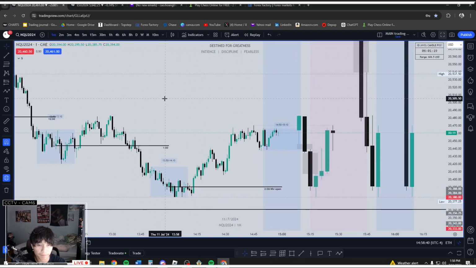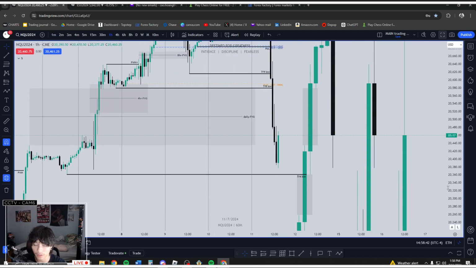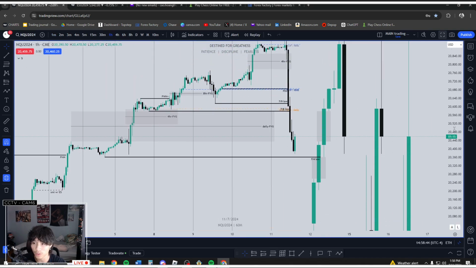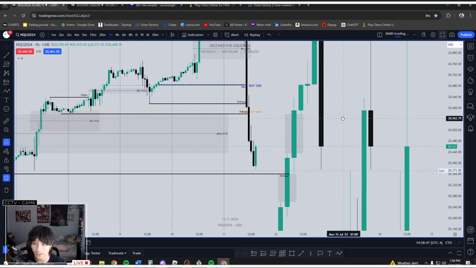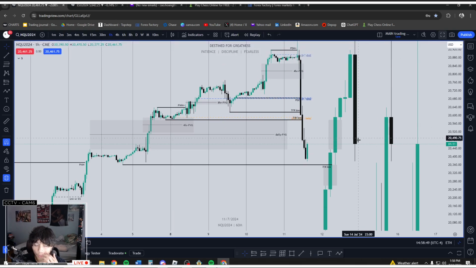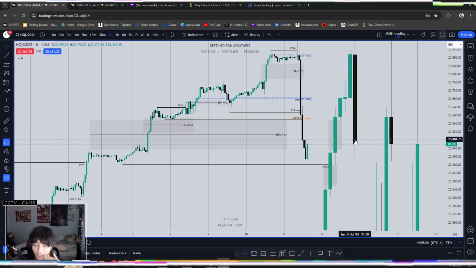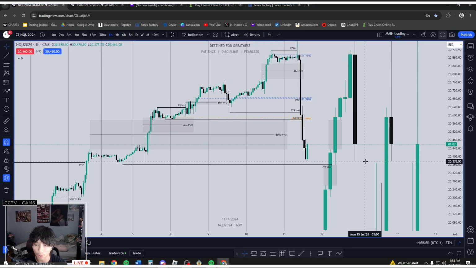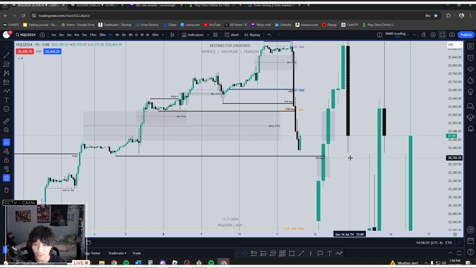Here, what I'm expecting coming into tomorrow is that if we do close like this on the daily time frame, what are we going to anticipate, right? I can anticipate for us to continue lower and attack previous day low, and possibly attack July 4th low as well. So we rebalanced this FVG right here already. I want to see us rebalance this FVG as well.